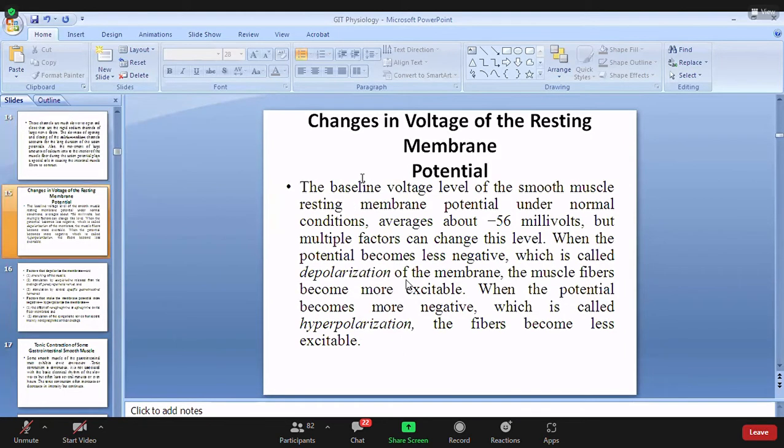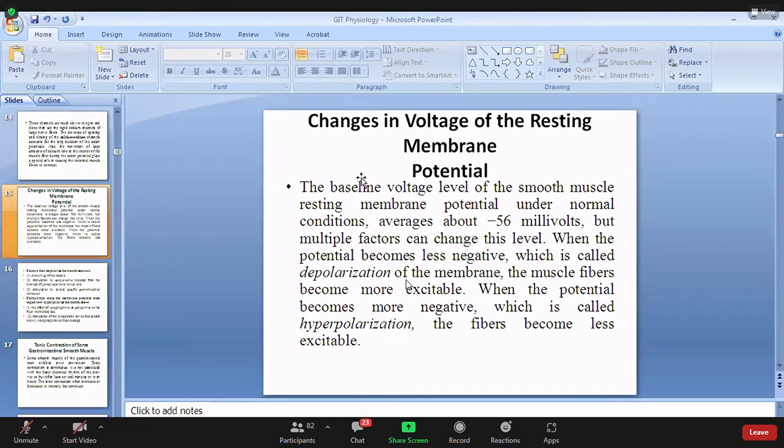Okay. And what about the changes in the voltage of the resting membrane potential? The baseline voltage of the smooth muscle resting membrane potential under normal conditions averages, as we have already mentioned, minus 56 millivolt. But multiple factors can change this level.